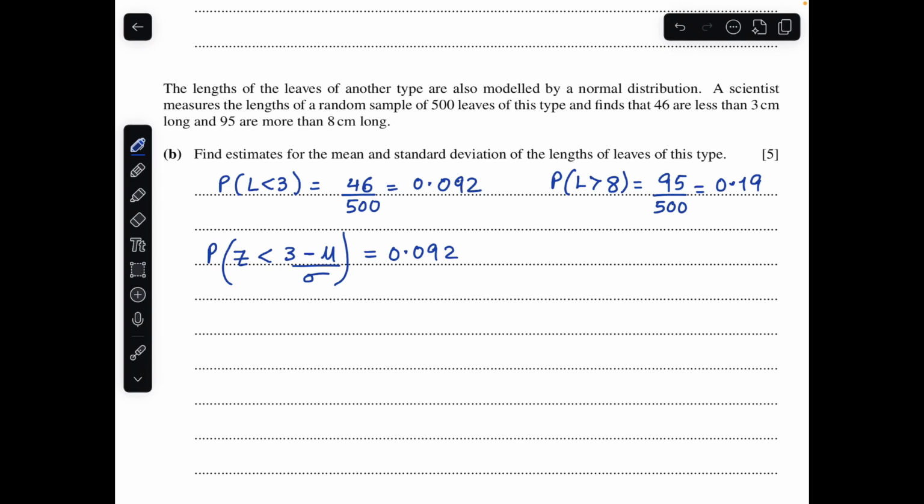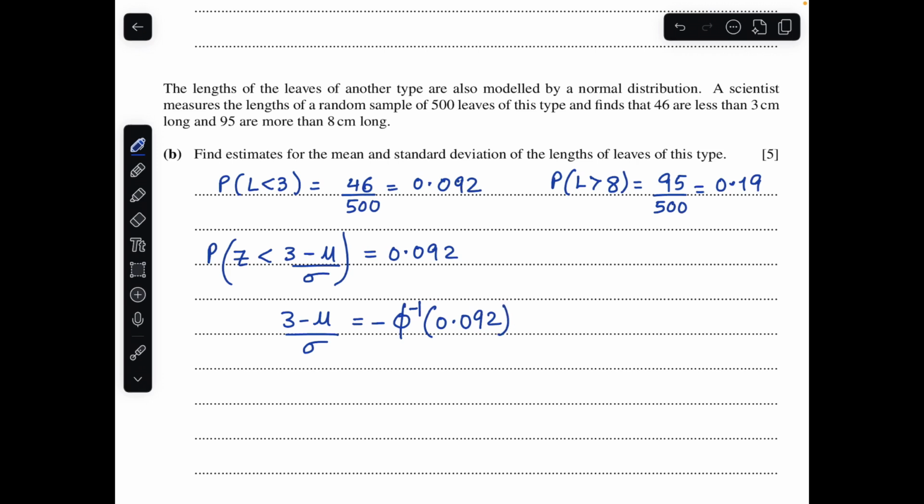All right. So you notice that we are calculating a probability which is less than, and this value is also less than. So when we have less than and less than, the z score is going to be negative. So 3 minus mean over standard deviation is going to be negative phi inverse of 0.092.